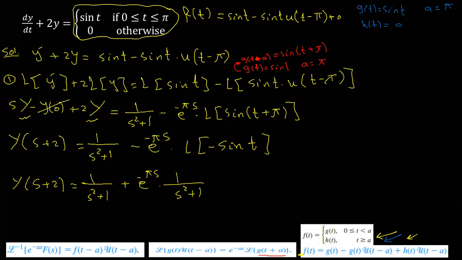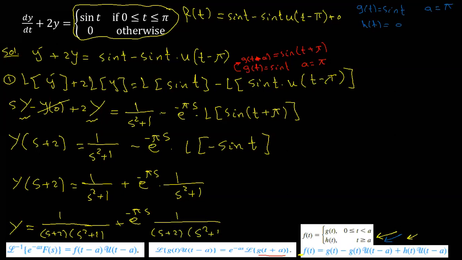Now you need to find y capital by dividing all terms by its coefficients. So it will be 1 over s plus 2 times s squared plus 1, plus e to the negative pi s times 1 over s plus 2 and s squared plus 1.